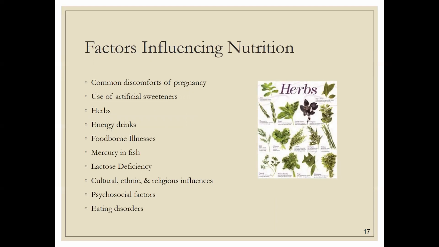All right, factors influencing nutrition. So some common discomforts of pregnancy can be like GI functioning, like nausea, vomiting, heartburn, and constipation. So we may be taking some different supplements or doing some things to help so that we can eat more and we're not so nauseated. Use of artificial sweeteners.